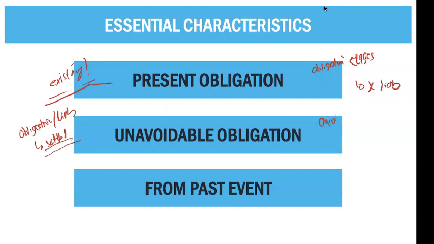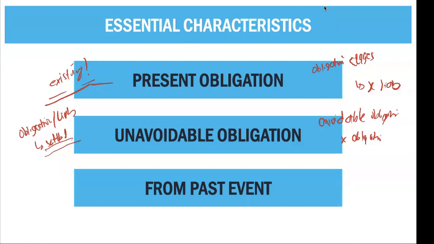Because if that is an avoidable obligation, you don't have any obligation at all. Why? For example, you have a liability, and then it says there that you may or may not settle it. In short, it can be avoided. So if you can avoid it, why would you include a liability if you can avoid it?